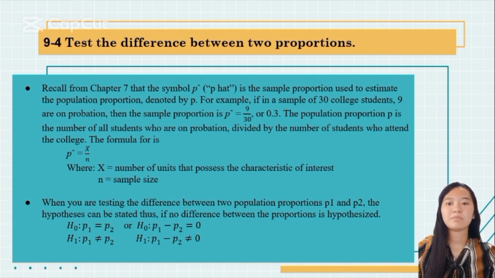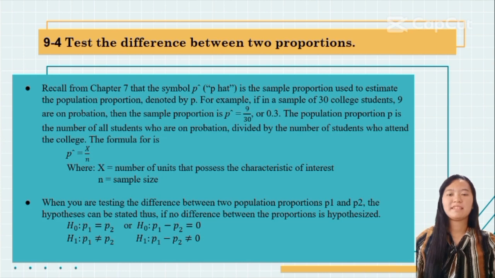The population proportion p is the number of all students who are on probation divided by the number of students who attend the college. The formula is p hat equals x over n, where x is the number of units that possess the characteristic of interest, and n is the sample size.